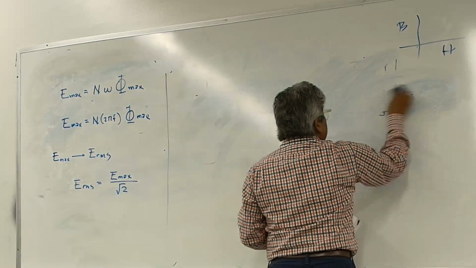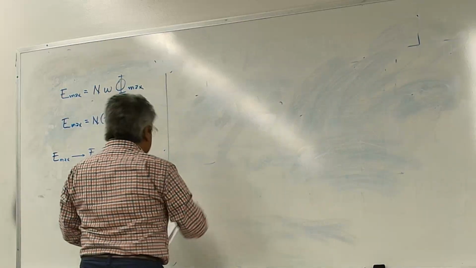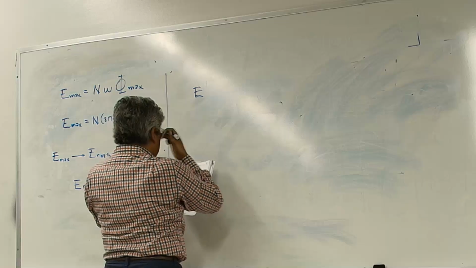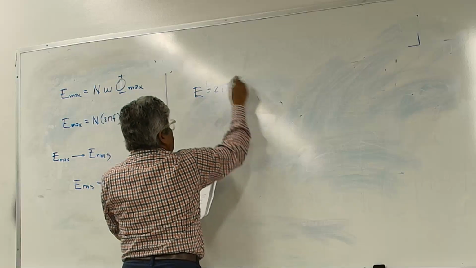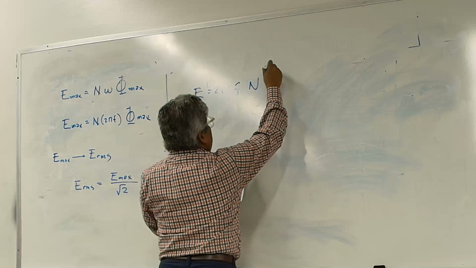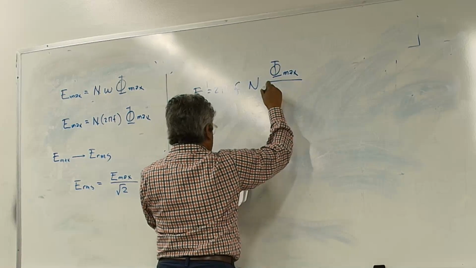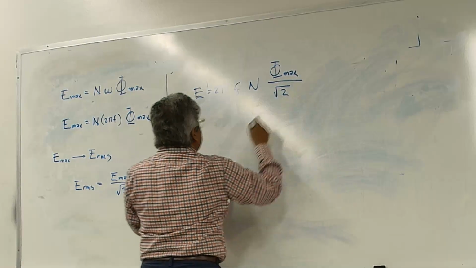E is equal to 2 pi f times N times phi, the flux maximum or peak, divided by square root of 2, which gives the RMS value.